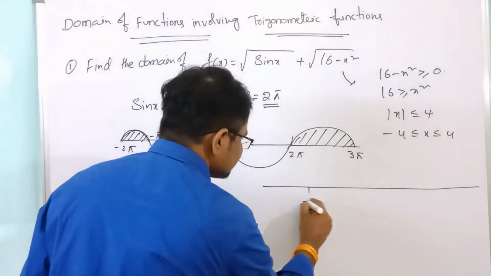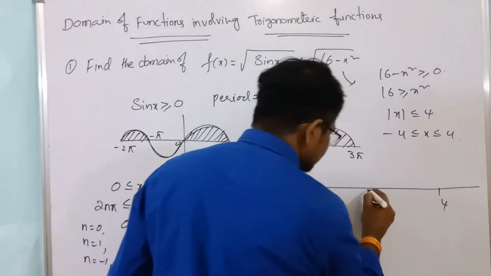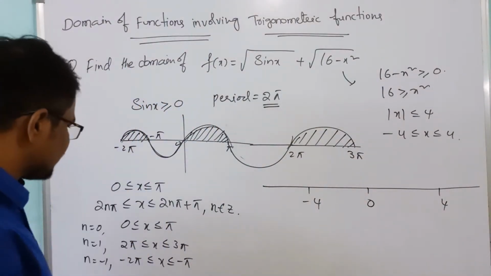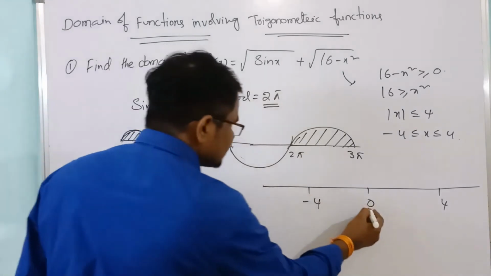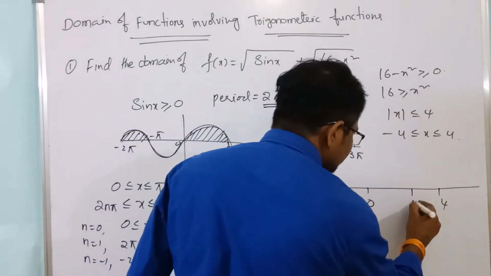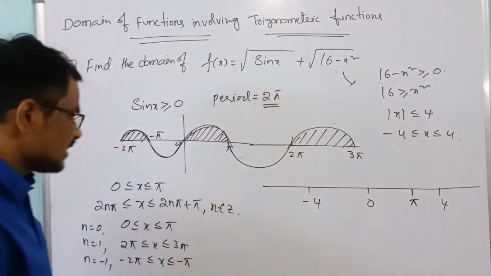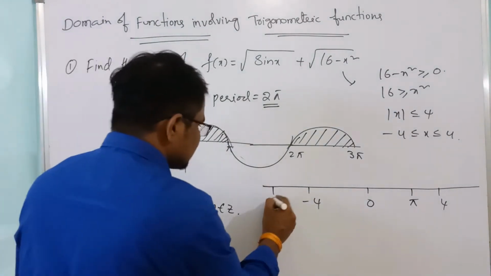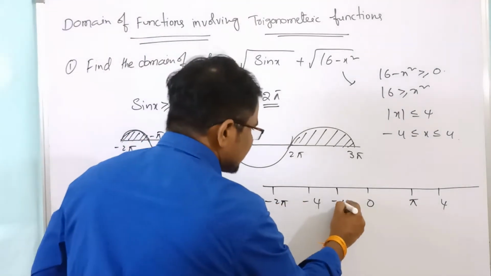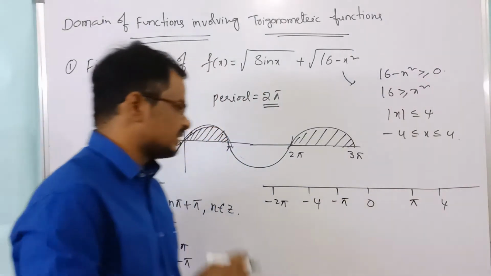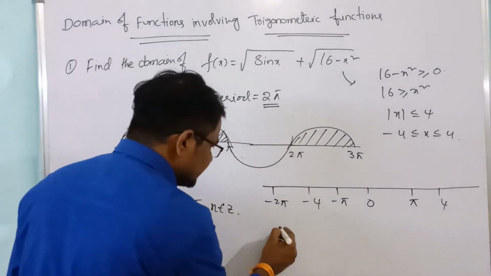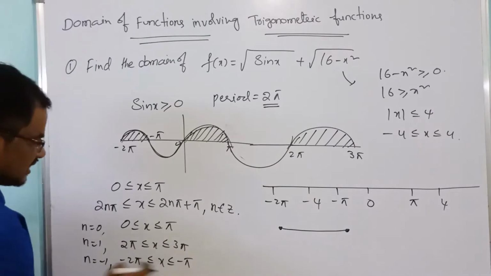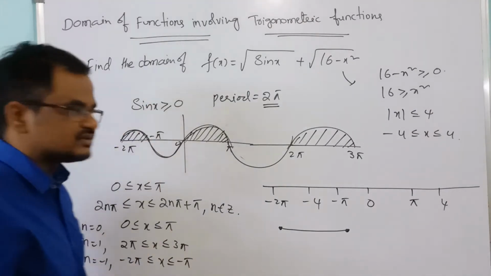Here −4 is there, here +4, with 0 in between. Now to take the common values: 0 to π, where π is 3.14, and −2π to −π, where −π is −3.14. There is also this interval, where sin x is greater than or equal to 0.